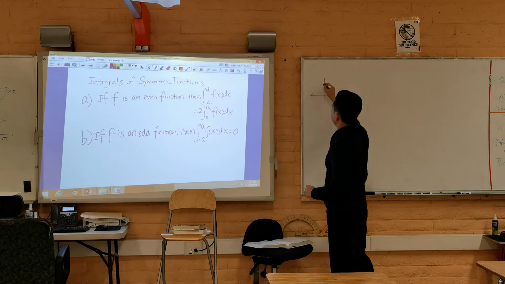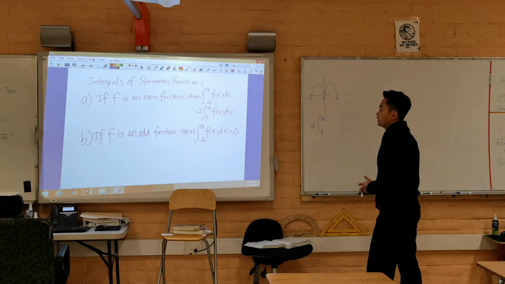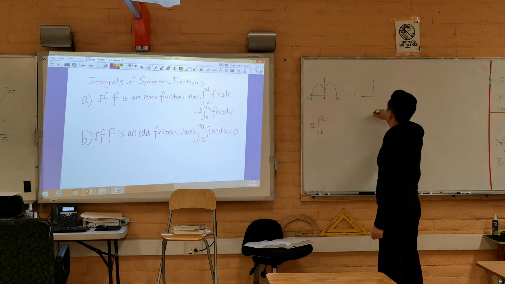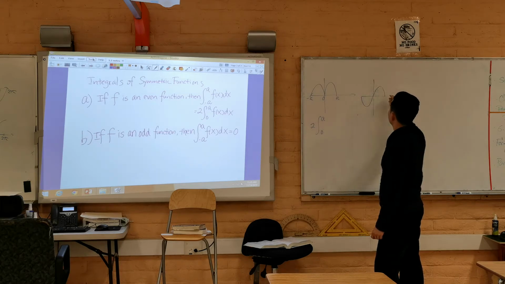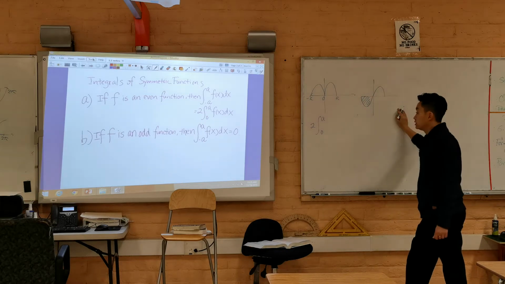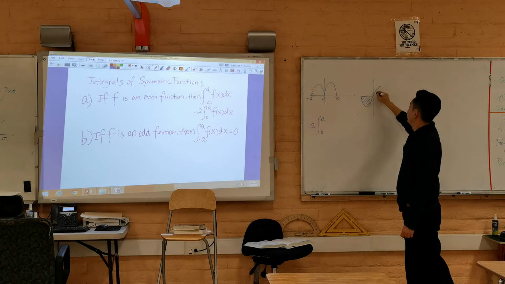So let's say we do have trig functions like this. Instead of integrating that from negative a to a, we just integrate it from 0 to a, and then we multiply by 2. And then if that's an odd function, so let's say we do have things like sine of x, as you may notice, the area underneath the x-axis, this part would be negative, and the area over here would be positive.